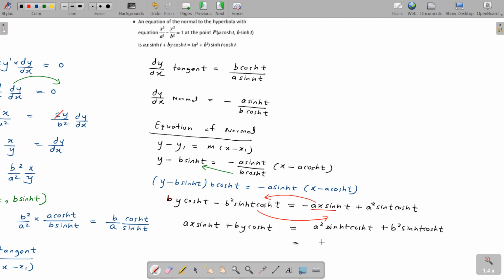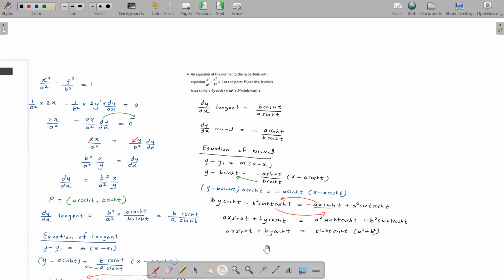So I think you can see I can take sine t cos t out and I end up remaining with a square plus b square equals x sine t plus by cos t. So this is the answer. Okay, so this is when I work with the ellipse and the point a cos t, b sine t. So this is the entire section of proof.